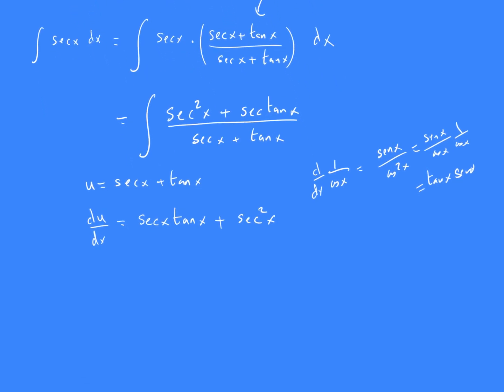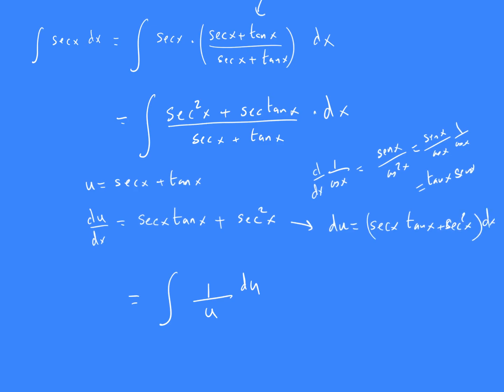Oh, but secant squared x appears in the numerator. So this integral looks like the integral of 1 divided by u du, because du is secant x tan x plus secant squared x dx.